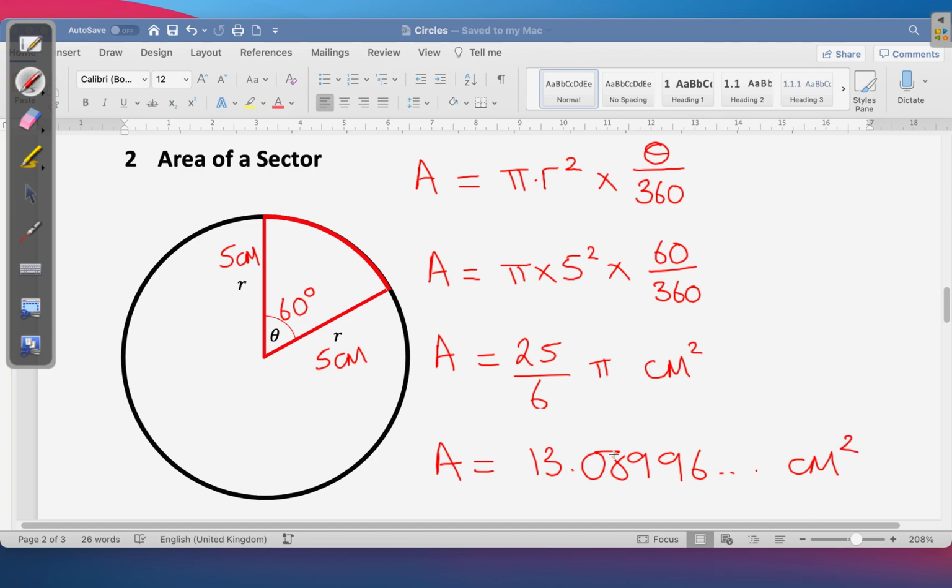So if we're asked to round it to 1 decimal place again, we would get area is equal to 13.1 centimetres squared. Okay, and that's how you work out the area of a sector.